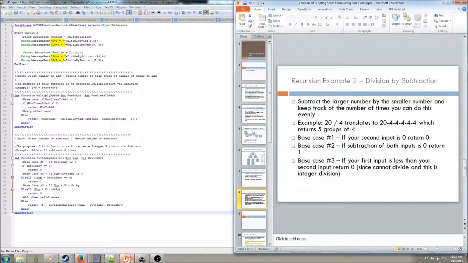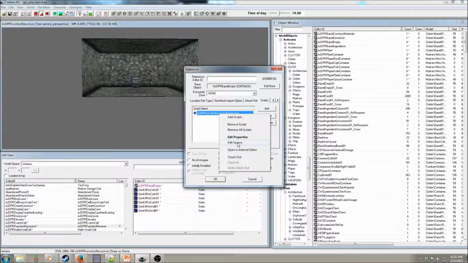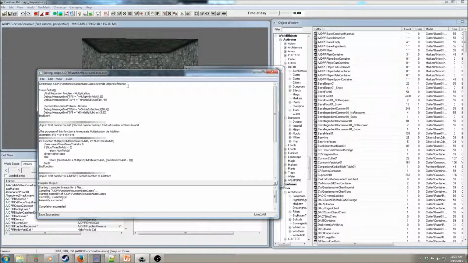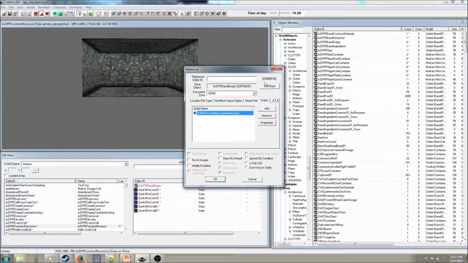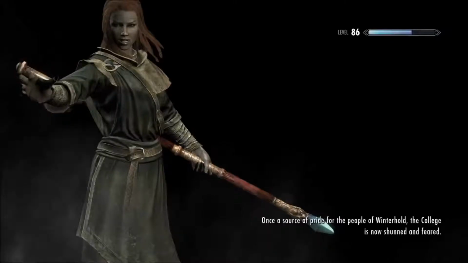That would be important, that we didn't have else ifs there. Okay. Now it should compile. Alright. Hypothetically this will work. There might be a little bit of flaw with multiplication. We'll find out in a moment, and we might have to come back to the creation kit if that is the case. I will see everybody in game though to test it out.